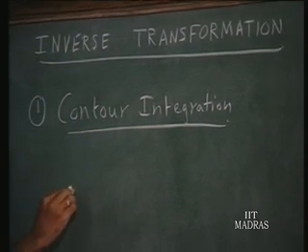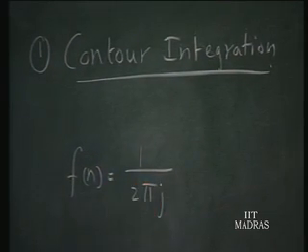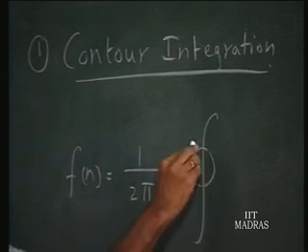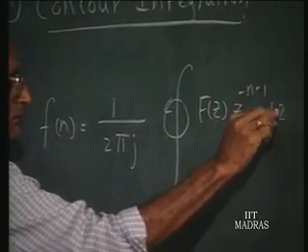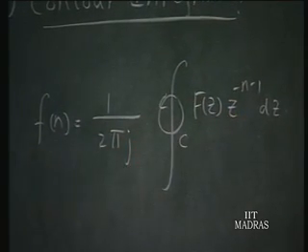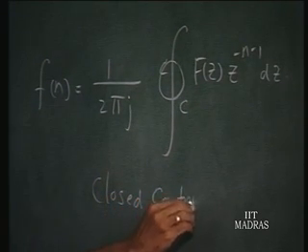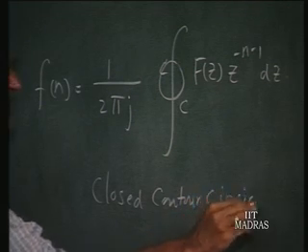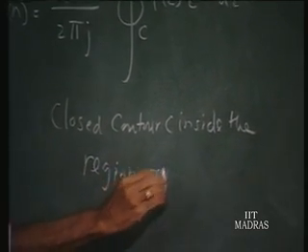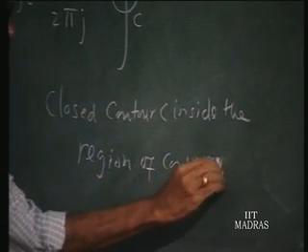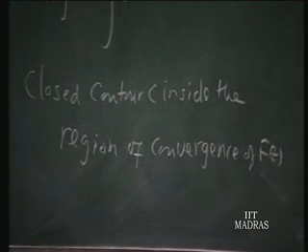Given F(z), you can recover f(n) by using this formula along a closed contour C inside the region of convergence of F(z). The Z transform exists within a certain region of convergence.